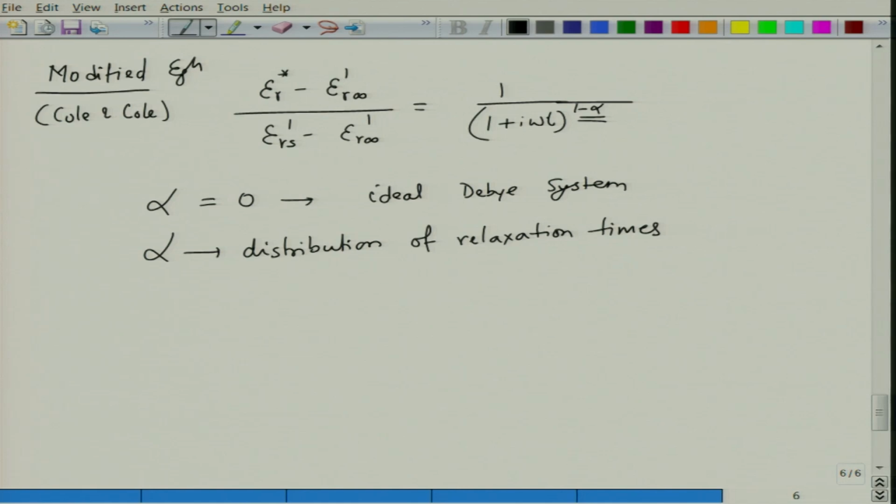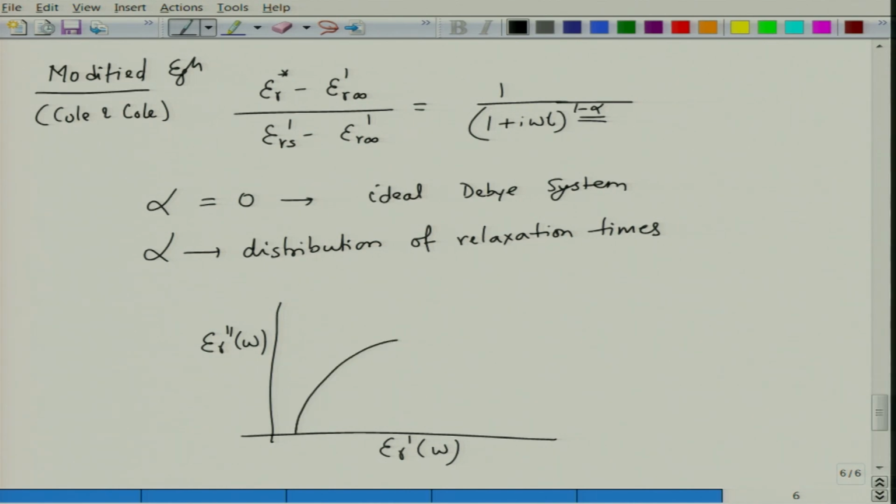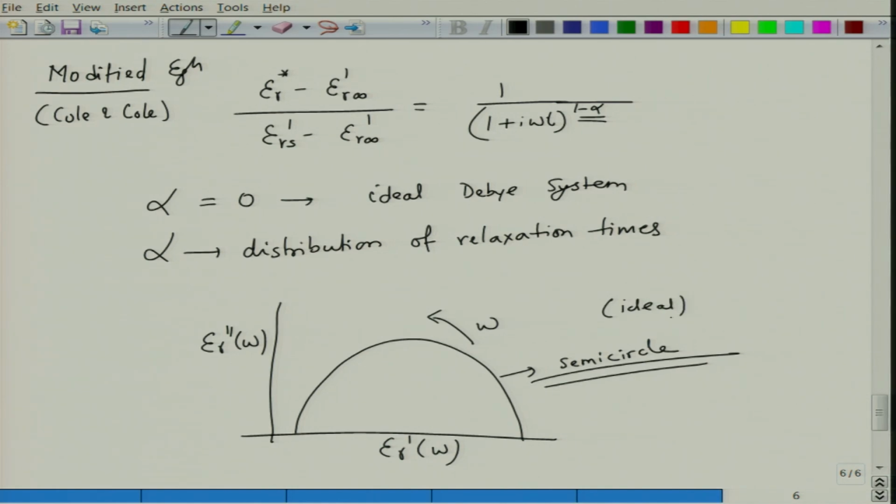So if you plot, for example, epsilon r double prime versus epsilon r prime, you should ideally get a semicircle like this, and the frequency goes in this direction. This is for an ideal dielectric, but in reality you will see that semicircles are hardly obtained.